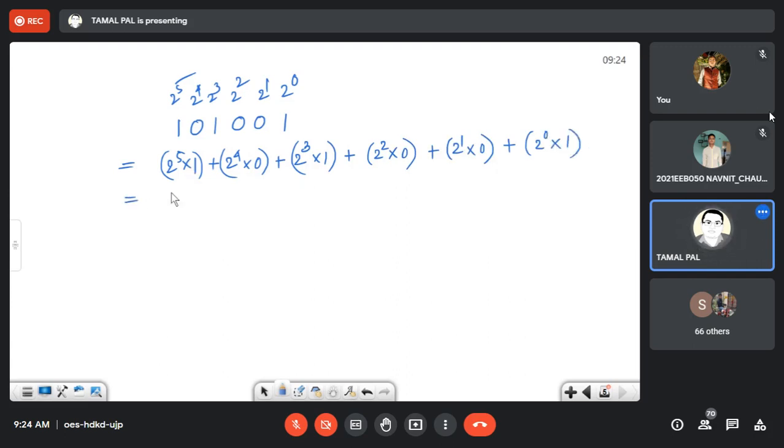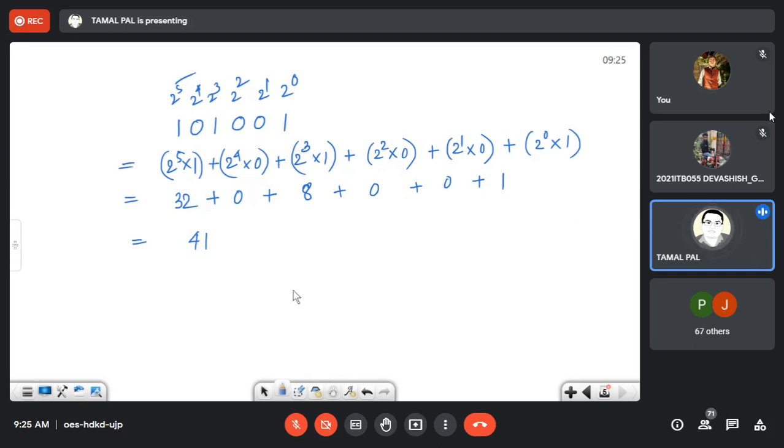Now tell me what is 2 to the power 5? 32. And 8 plus 0 plus 0 plus 1. So 32 plus 8 equal to 40 plus 1, 41. So I think you can convert.